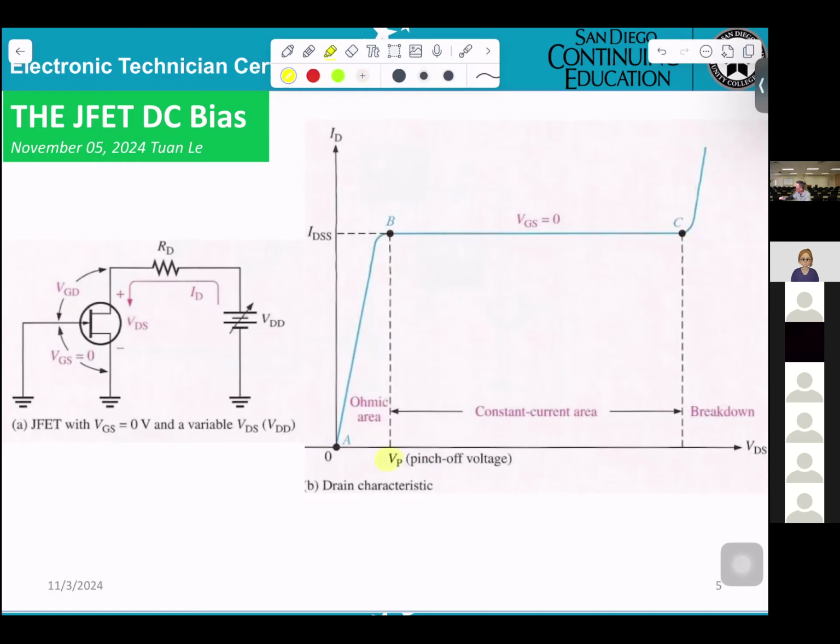This is VP, the pinch off voltage. That means at a certain VDS equal VP, then the current at the point B, that current value will be IDSS.